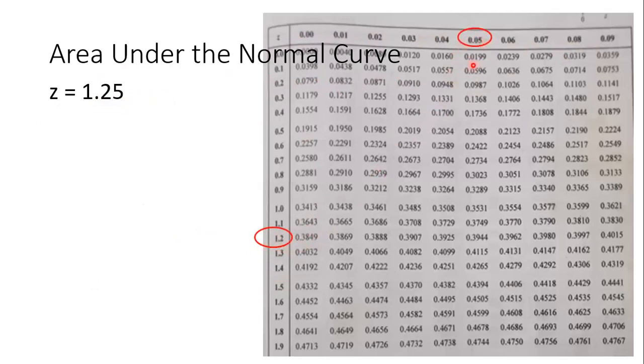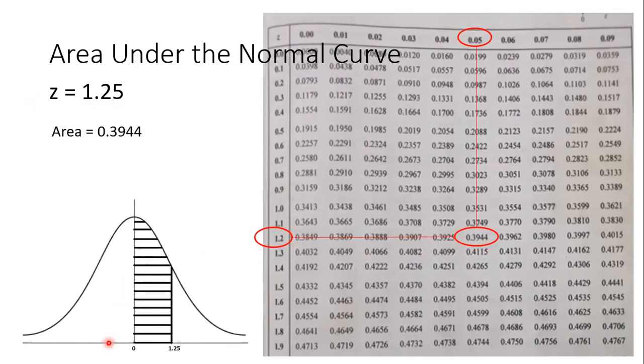So the sum of these two values is equal to 1.25. Then pagtatagpuin lang po natin silang dalawa, then we now get the area corresponding to Z-score 1.25, which is 0.3944.